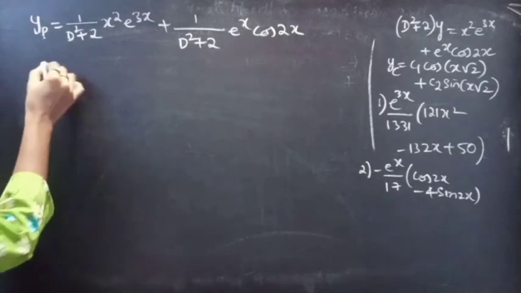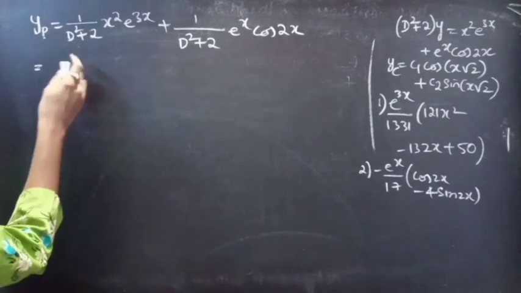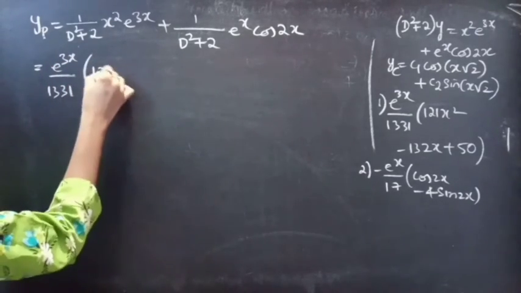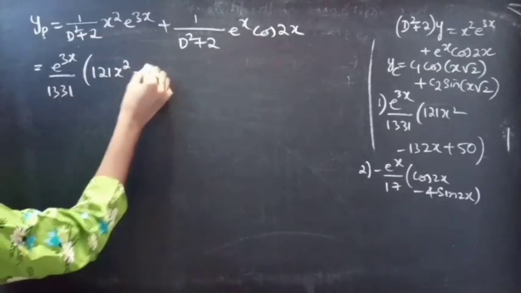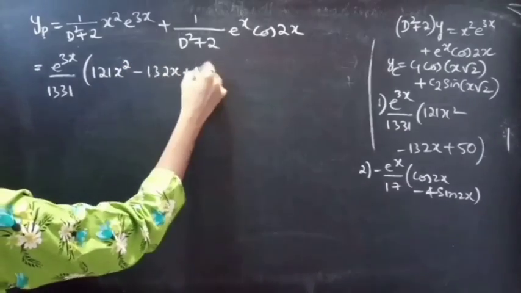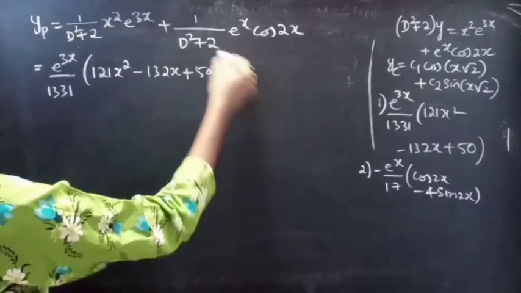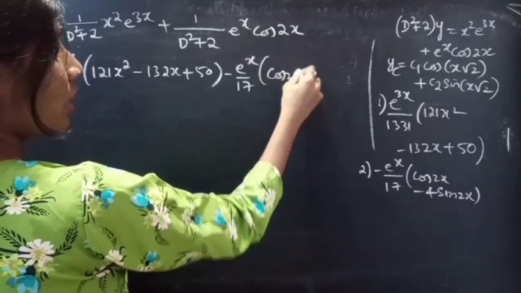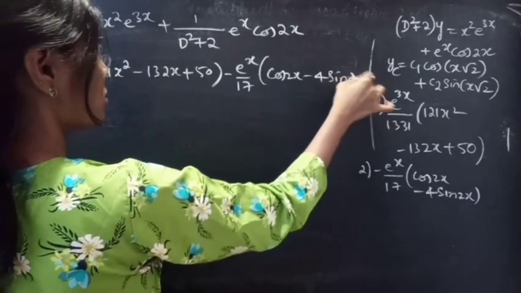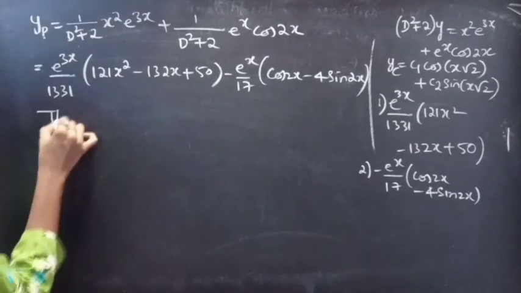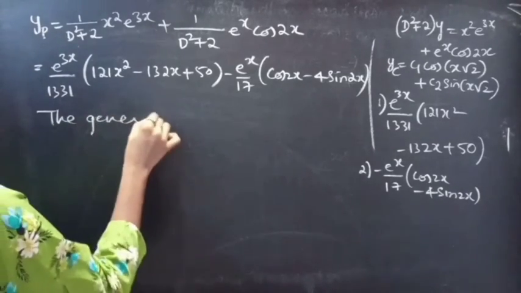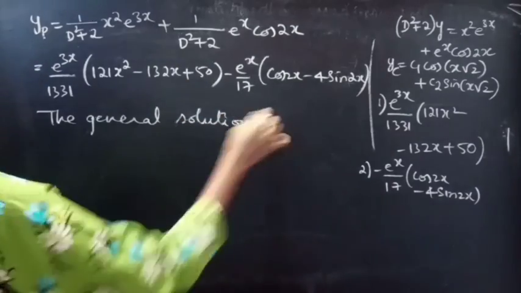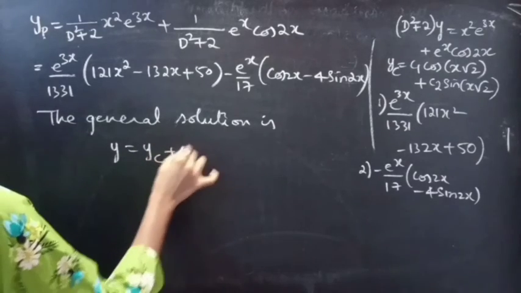Now coming to yp, the result obtained from the first term is e power 3x by 1331 into 121x square minus 132x plus 50, and the result obtained from the second term is minus e power x by 17 into cos 2x minus 4 sin 2x. Now let's write the general solution. The general solution is given by y equals to yc plus yp.